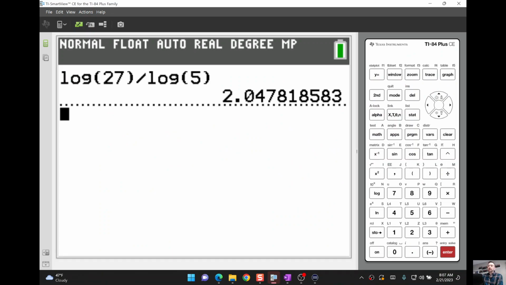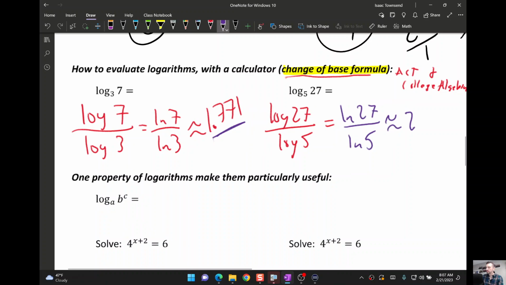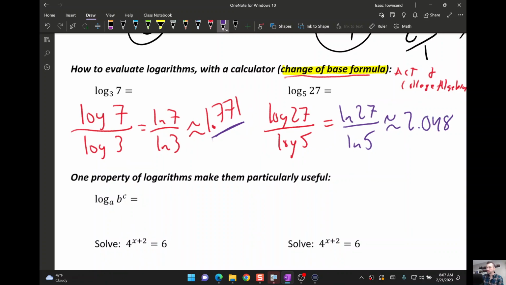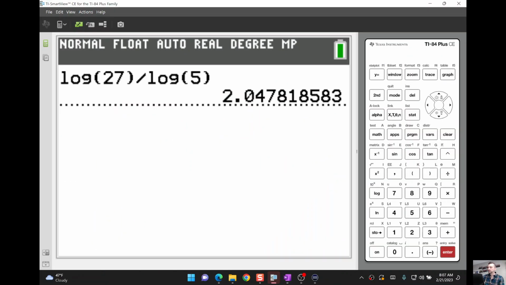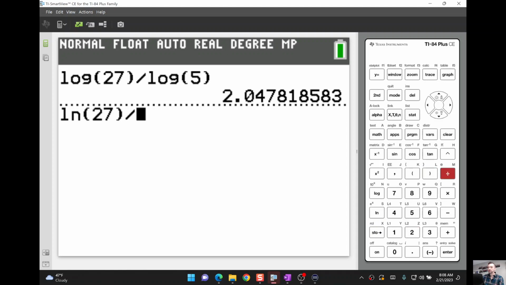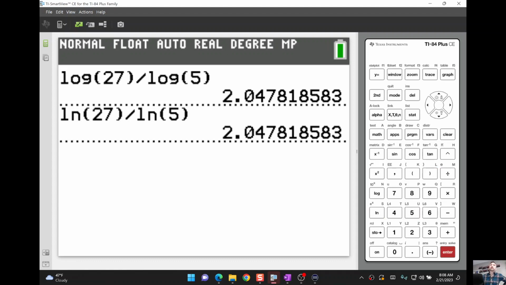But if you need it to be 3 decimal accurate, you got to have a calculator. 2.048. And just to convince you, it doesn't matter if it's the common log or the natural log, you just need to be consistent. You also have to make sure you put the correct one in the numerator and the correct one in the denominator.